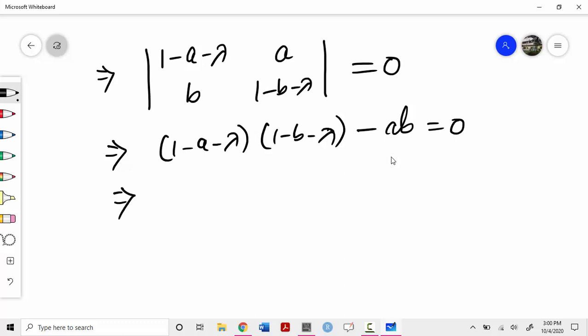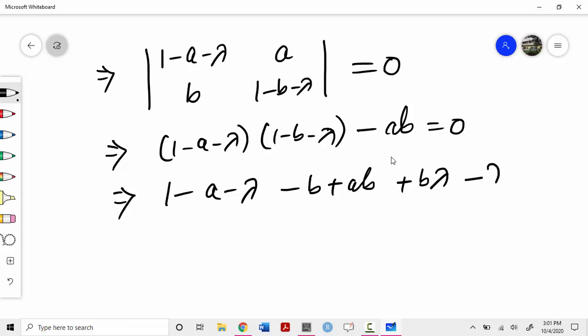That implies 1 minus b minus lambda minus a plus ab plus a lambda minus lambda plus b lambda plus lambda square minus ab equal to 0.